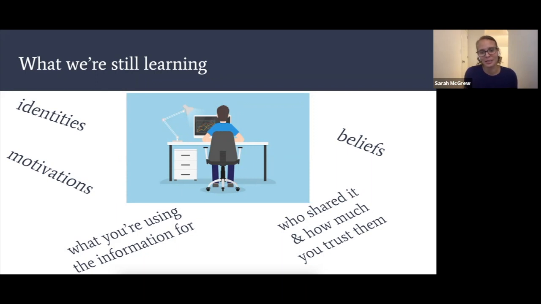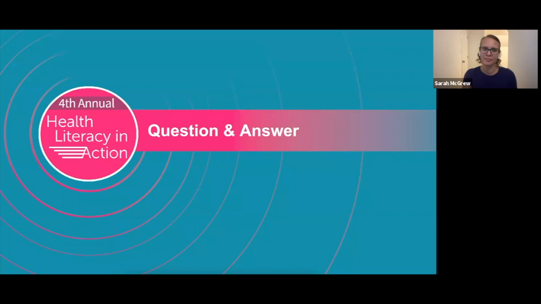And we have a lot more work to do to understand how these factors influence us and the information we trust, but also how to help people be more oriented towards finding accurate information when they're online and doing the evaluations necessary to decide whether information is worth trusting in the first place. So while I will say that we absolutely have a good sense of the approaches and strategies to teach, there's still definitely work to do here.